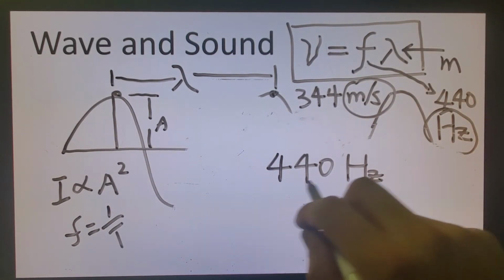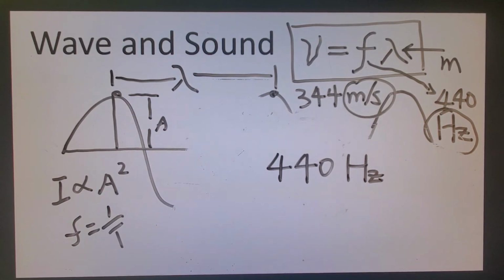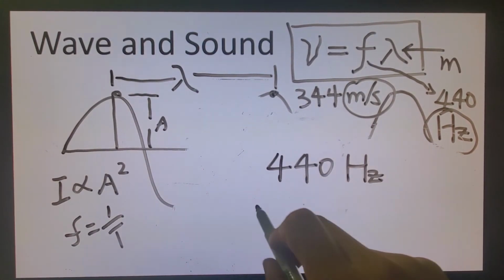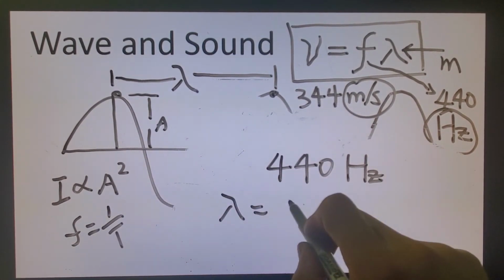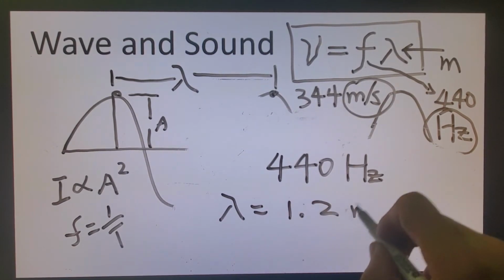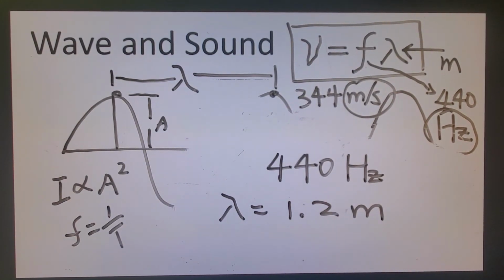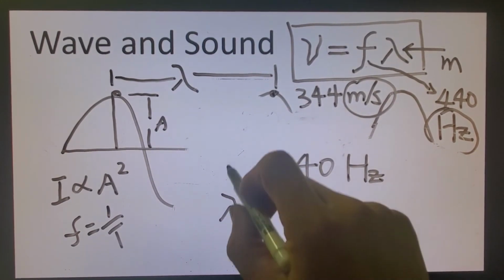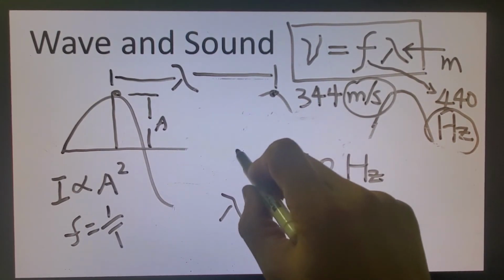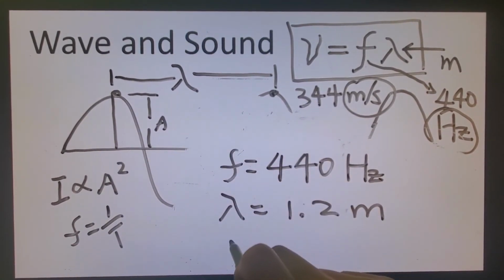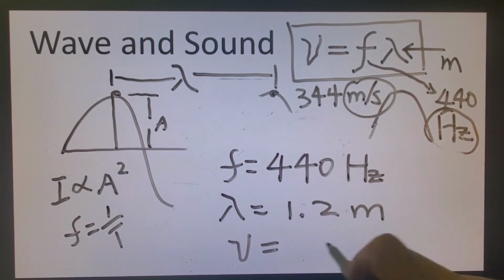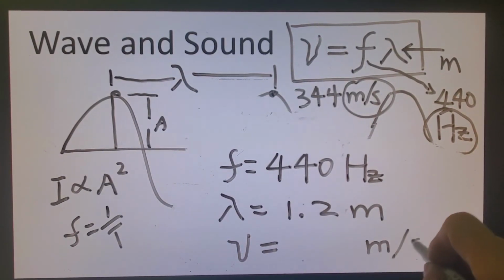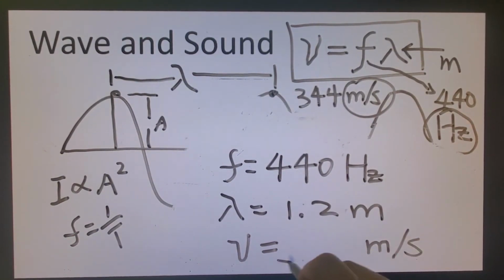Let's say this is my frequency, and my wavelength is 1.2 meters. What is my velocity in terms of meters per second? Now you can stop the video and do the calculation.